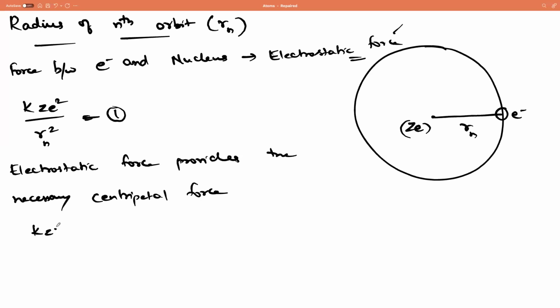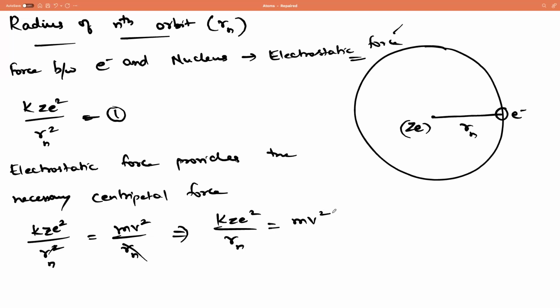So what I will write is kZe square divided by Rn square is equal to mv square divided by Rn. So what gets cancelled? One Rn is gone, which implies kZe square divided by Rn is equal to m into v square.